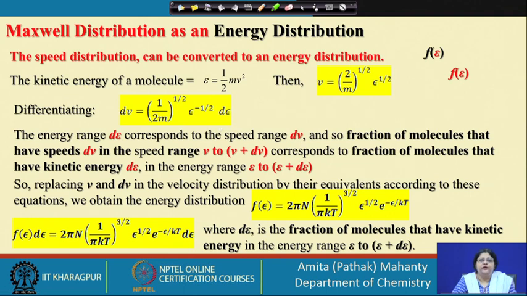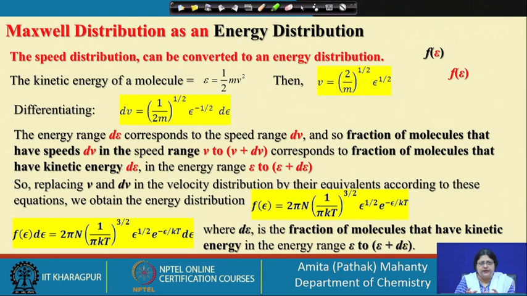So, the fraction of molecules that have speeds in the range V to V plus dV corresponds to the fraction of molecules that have the kinetic energy in the range E to E plus dE. Okay. So, what I am trying to say, the energy range dE corresponds to the same velocity range which we are looking into.